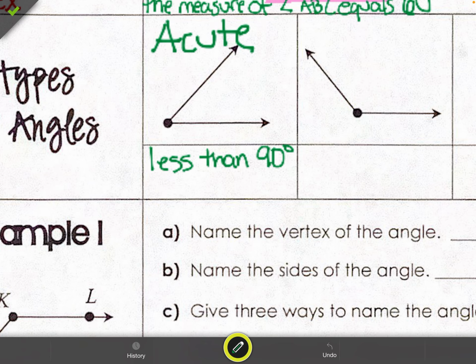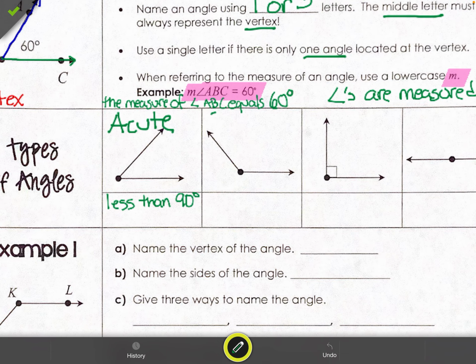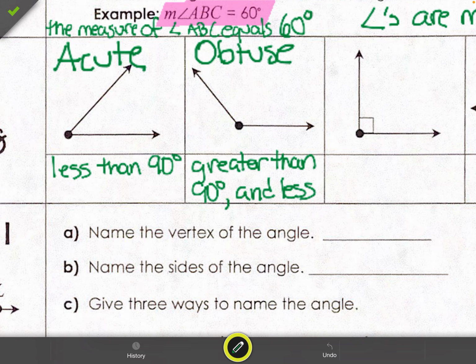The next kind of angle we have is called an obtuse angle. An obtuse angle measures greater than 90 degrees, but less than 180 degrees.